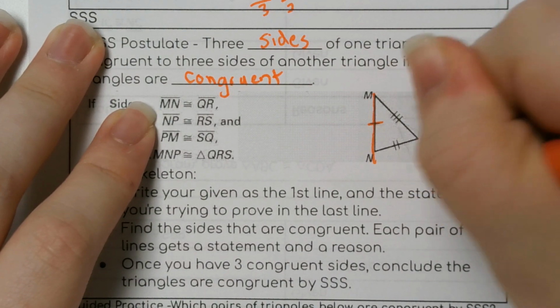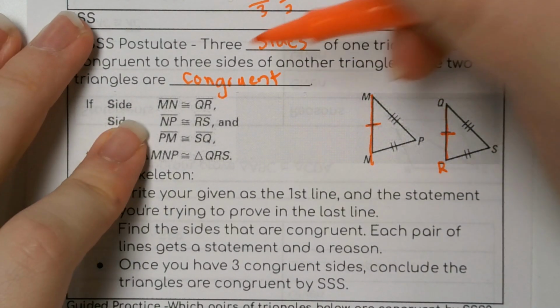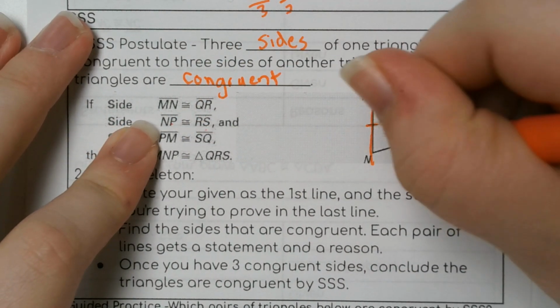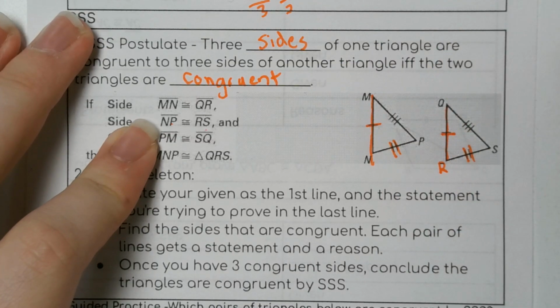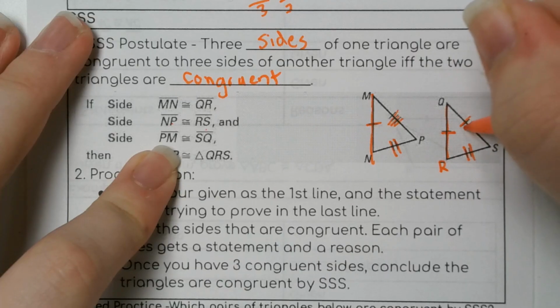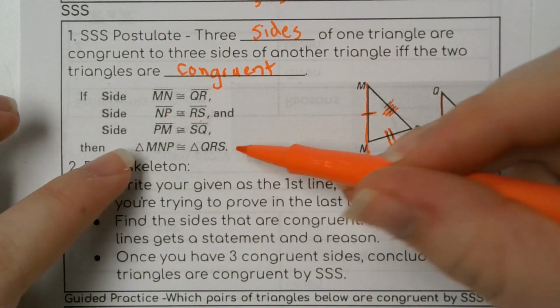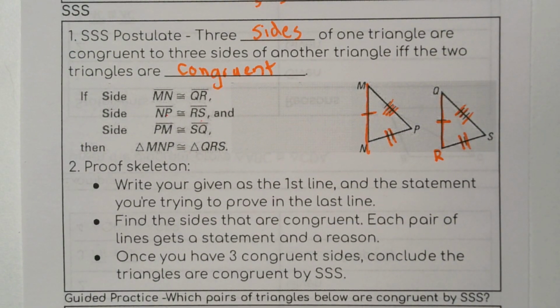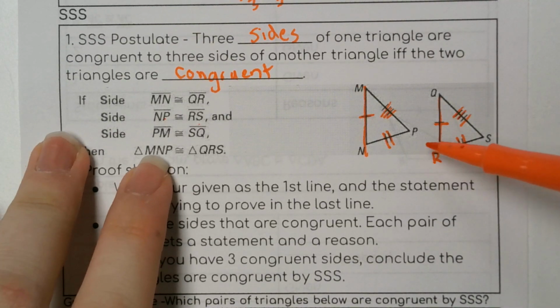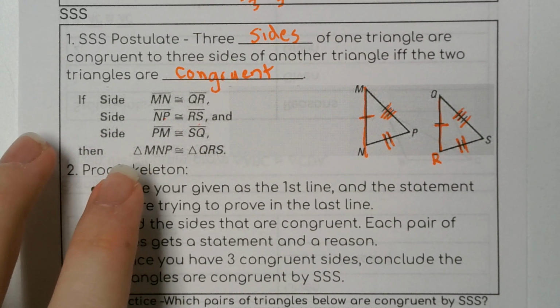There should be an R. It got cut off. And then it tells me that NP is congruent to RS. And then lastly, PM and SQ are congruent. So since we know that all three sides are congruent, we can say that the triangles are congruent. And remember, the order of the first one doesn't matter as long as you match it up with the correct order on the second one.